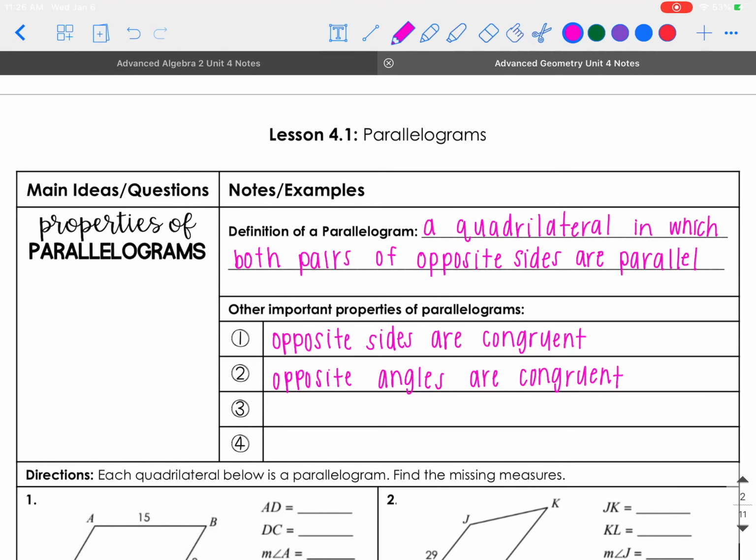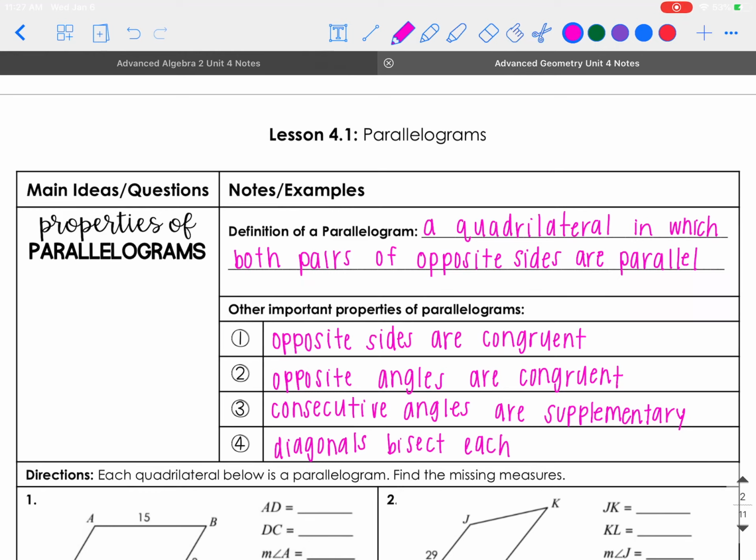Number 3, consecutive angles are supplementary. And the fourth one is that diagonals bisect each other. And I'll explain each of these.